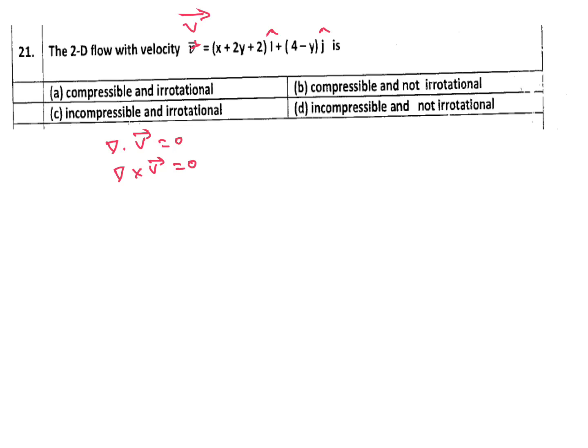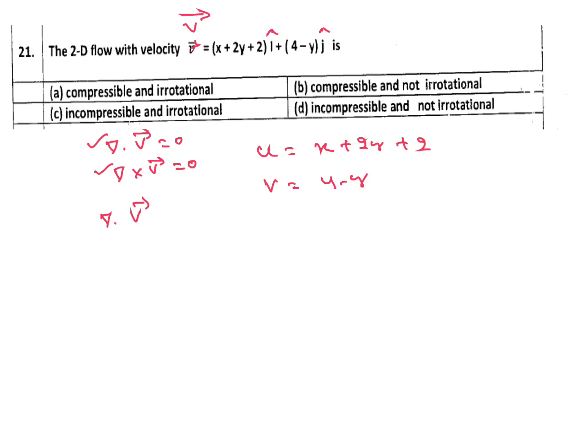Here divergence, here curl. So in this question u equal to x plus 2y plus 2 and v equal to 4 minus y. So we have to check divergence and curl.